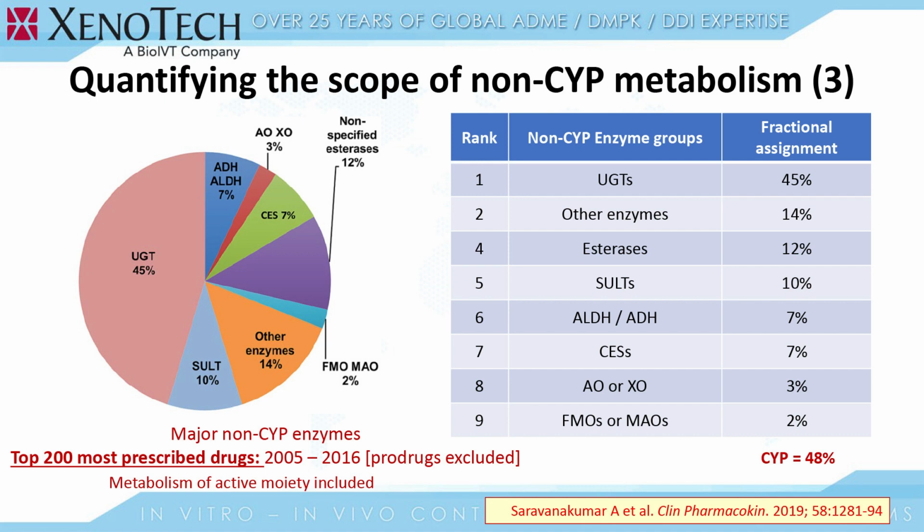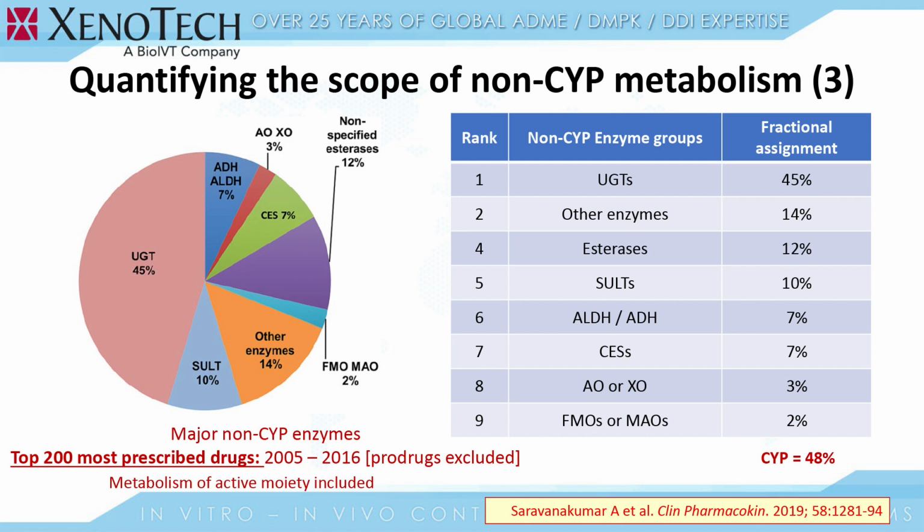So as you can see here, for non-CYP enzyme groups, UGTs contribute about 45% for the metabolism of the top 200 prescribed drugs, with other enzymes making up 14%. Esterases make up about 12% of the metabolism of these drugs. In this case, when we look at the top 200 prescribed drugs, sulfotransferases contribute to about 10% of the metabolism of these drugs.